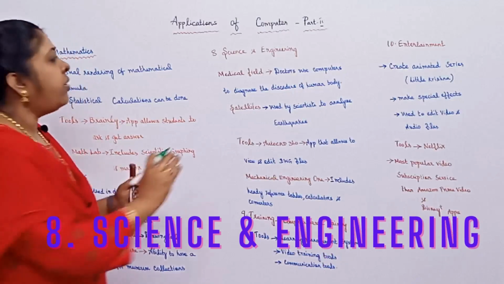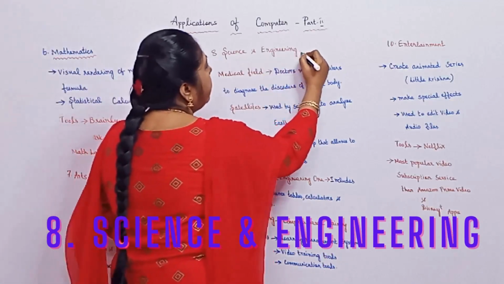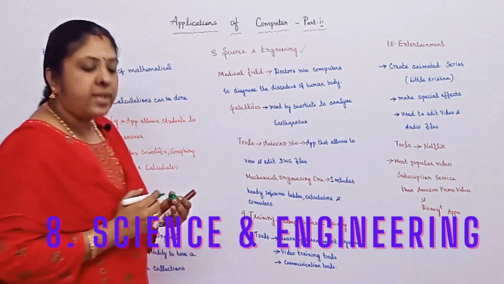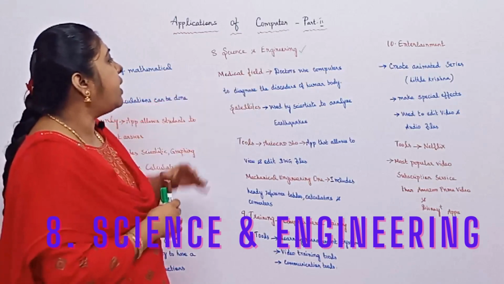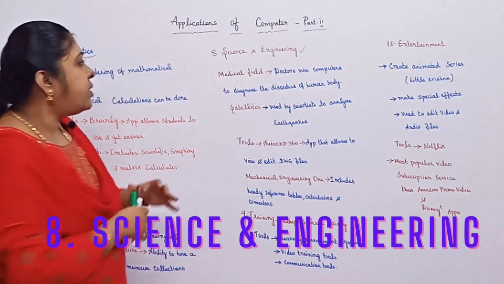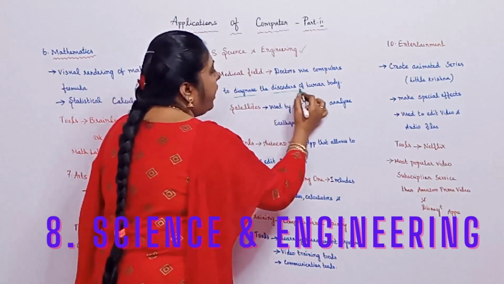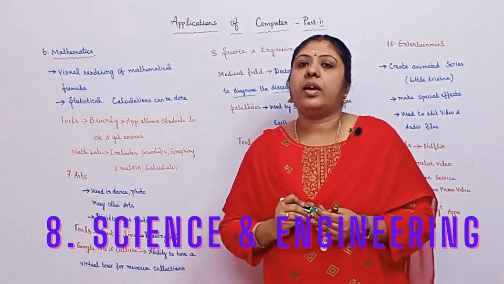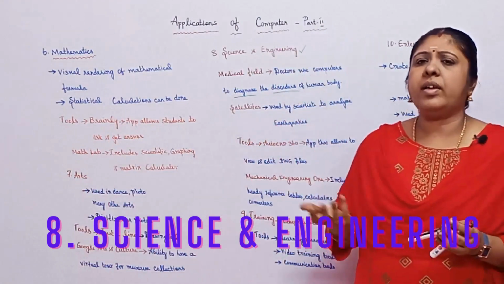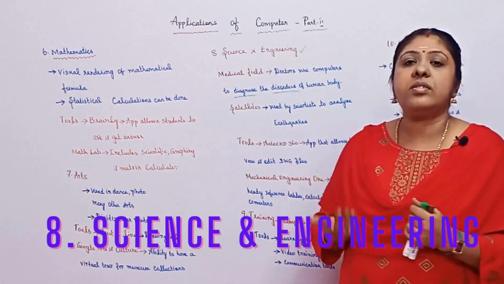The next topic we are going to discuss is the 8th point, science and engineering. In science and engineering, the first point is the medical field. Doctors use computers to diagnose disorders of the human body. Consider a pregnant lady visiting the doctor.